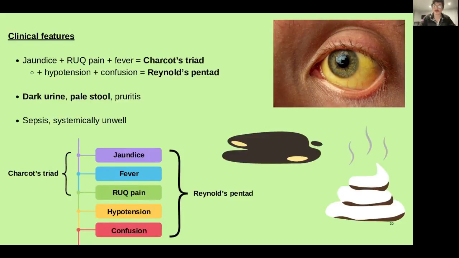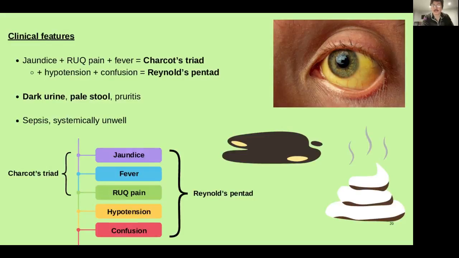And because it's conjugated bilirubin, after it's been conjugated in the liver, it's water soluble, so it goes into your urine and colours it dark. It's not just dark yellow; it's properly Coca-Cola dark.